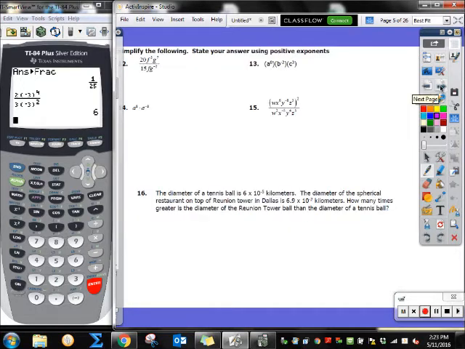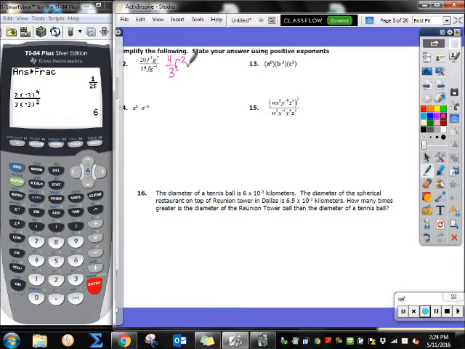For number 12, same thing we've been doing, so you just have to simplify. So the numbers in front, the coefficients, 15 divided by 20, can be simplified to 3 over 4. Then we have f to the 3rd power over f to the 1st power, so that's going to be f to the 2nd power. And then you have to be very careful when you're subtracting exponents involving negatives.